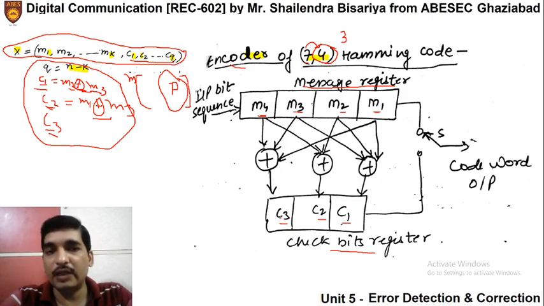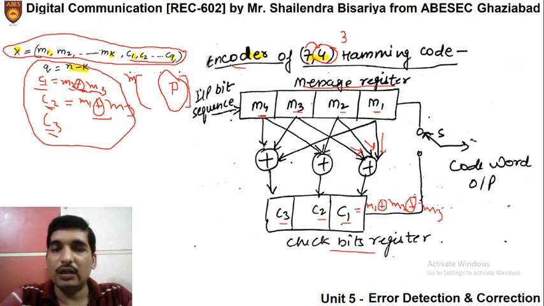If you look at the present example, c1 is what? You can see that m1 is coming here, m2 is coming here, and m3 is coming here. So I can say that c1 is equal to m1 xor m2 xor m3; m4 is not here.